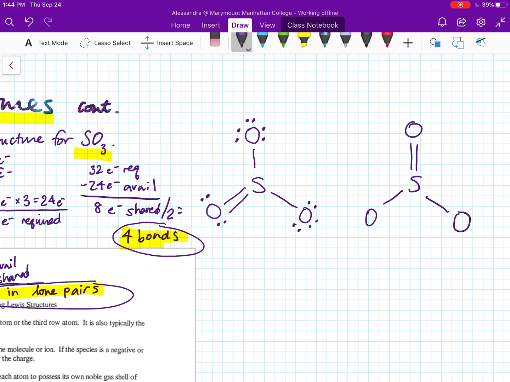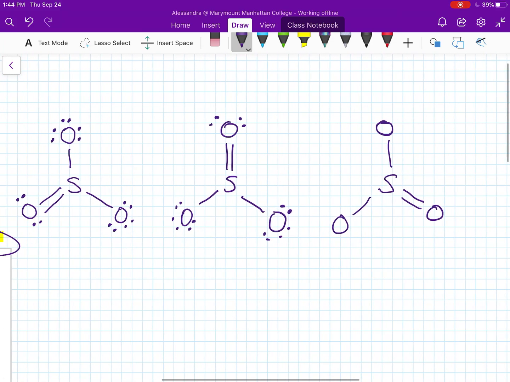And then this oxygen would only need 4 lone pair electrons for a complete octet. I am going to do a similar thing for this resonance structure. And finally, I'm going to add 4 to the double bonded oxygen and then 6 to the singly bonded oxygens over here.